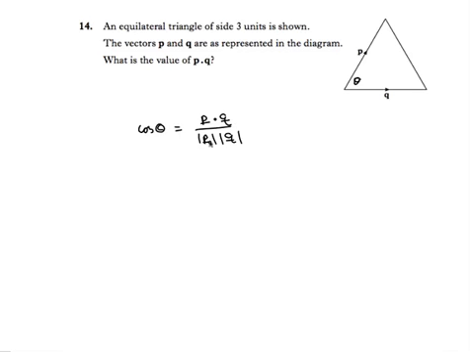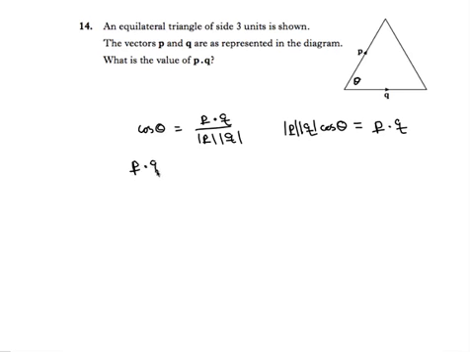Rearranging this, multiply both sides by the length of P times the length of Q, we would get length of P times the length of Q times cosine of theta equals, and of course these disappear, P dot Q. This would be useful in this case.